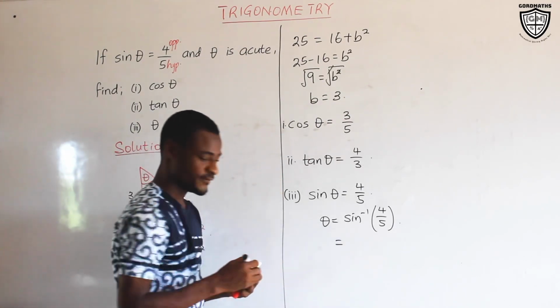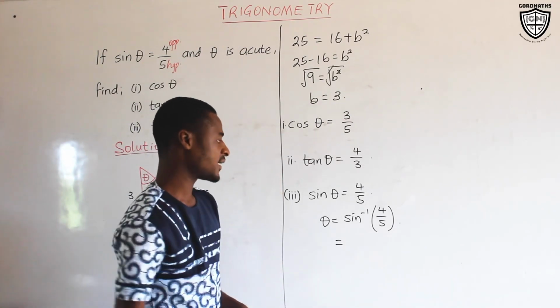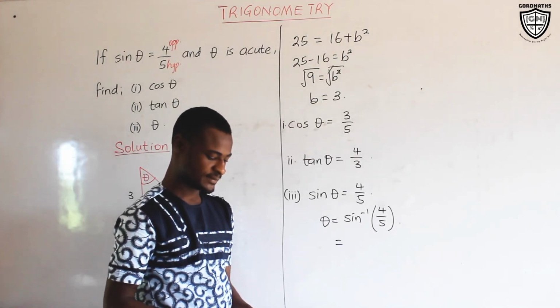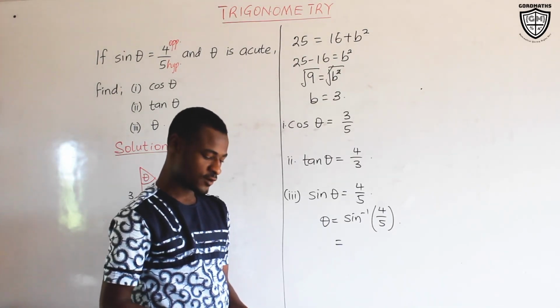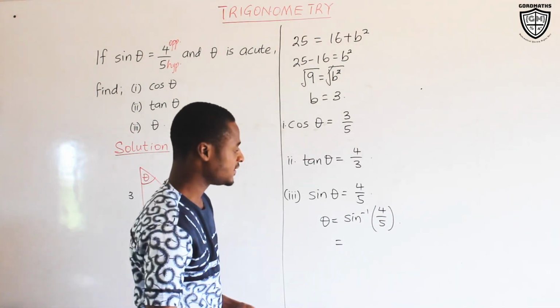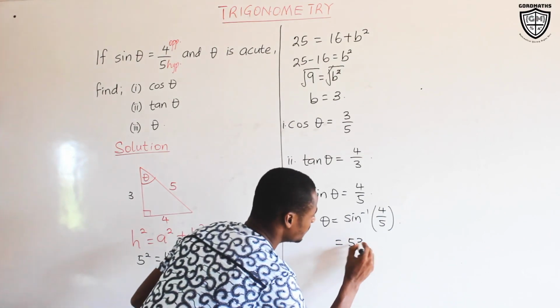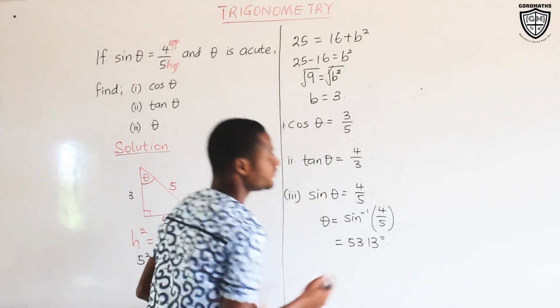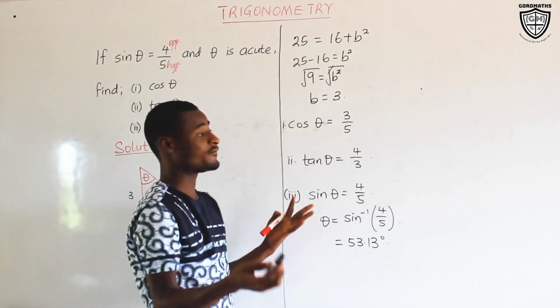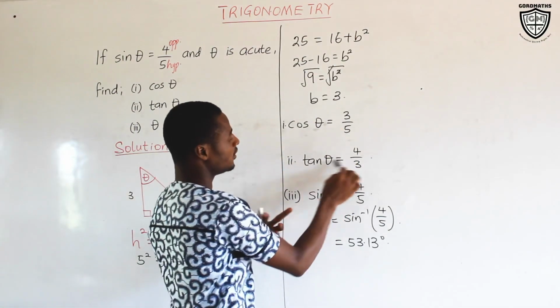And so, we find the sine inverse. On the calculator, sine inverse is shift plus sine. So sine inverse of 4 on 5, and that gives us 53.13 degrees.